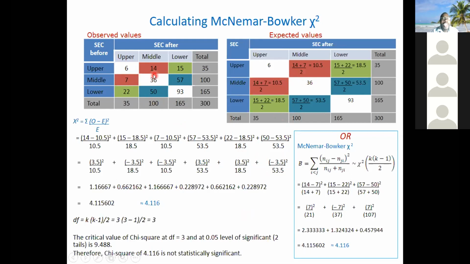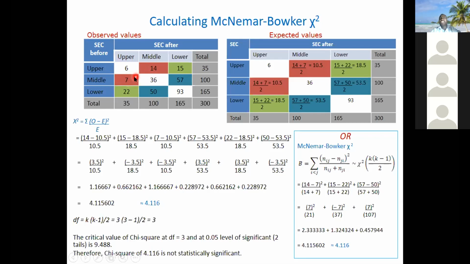All you need to do, if the null hypothesis were true, for these people in the same pair, is look at the transition between middle and upper: before middle, after upper, before upper, after middle.